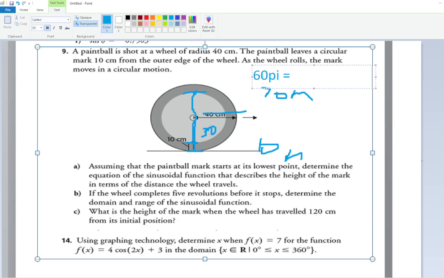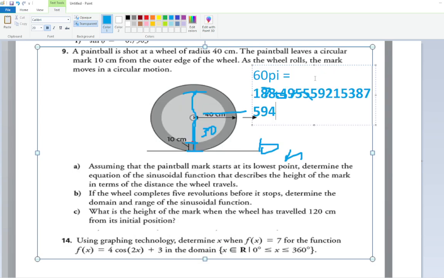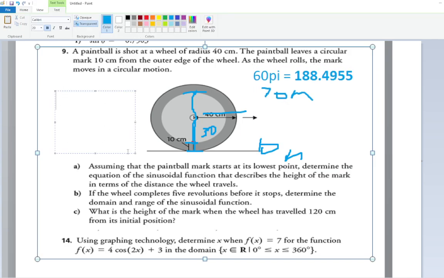Oh, it didn't copy. So that's my new period. So my old period was 360, which by the way is 2 pi. And my new period is 60 pi, the pi's cancel. We're actually talking about 1 over 30. Don't ask me how I figured that out.